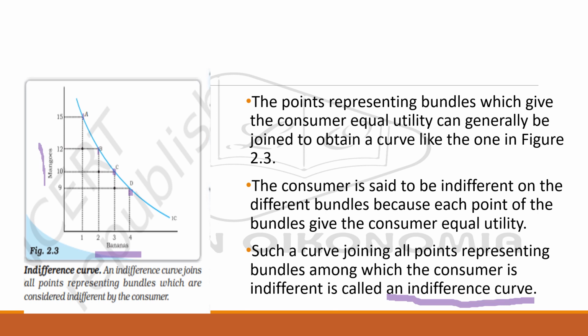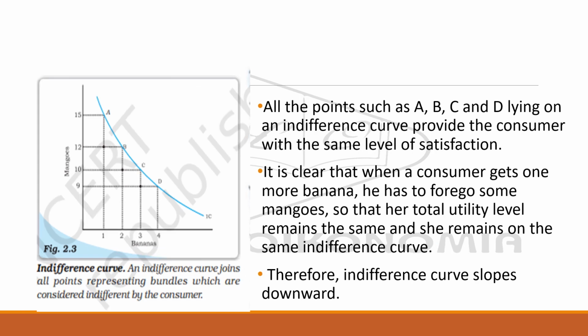It is called an indifference curve because the consumer would be indifferent between different points of this curve. He cannot compare different points because all these points are equally valuable to the consumer. Each of these points gives the consumer the same level of satisfaction.